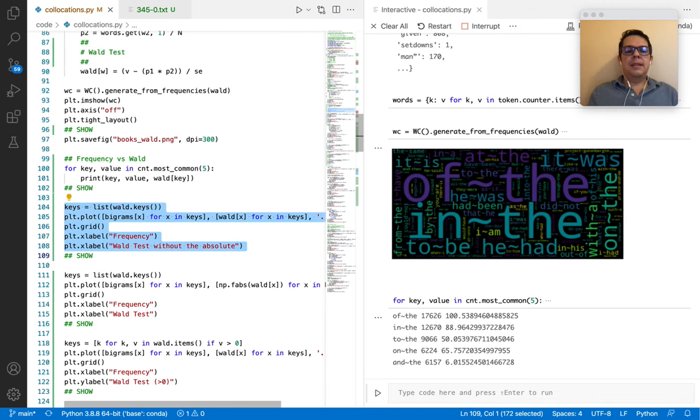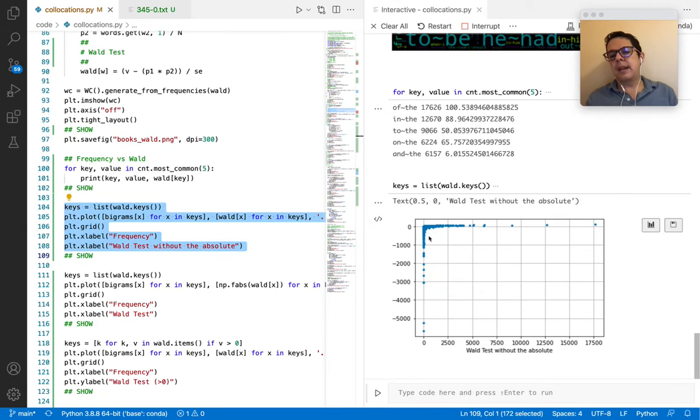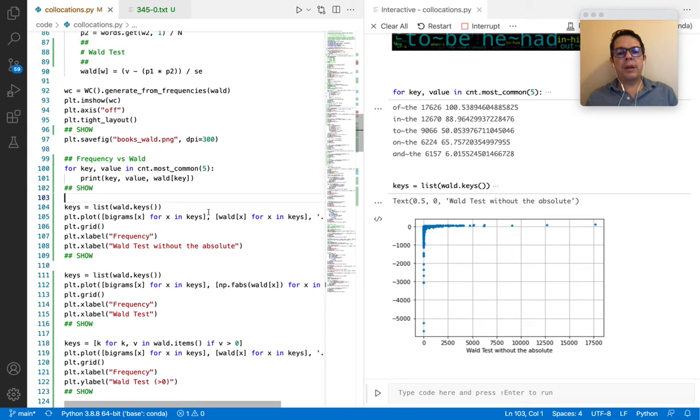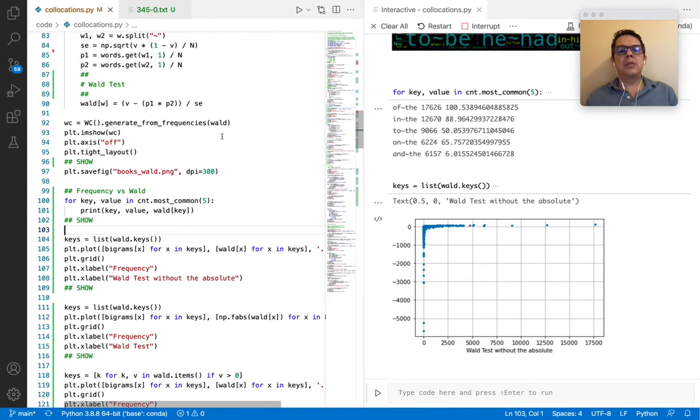We do this, and what we can see is that, of course, they are not computing the same thing. They are computing something different, but this is not too informative. Let me explore a little bit more. To do that, what I need to tell you is that in this line we are only focusing on the positive numbers of the Wald statistic.